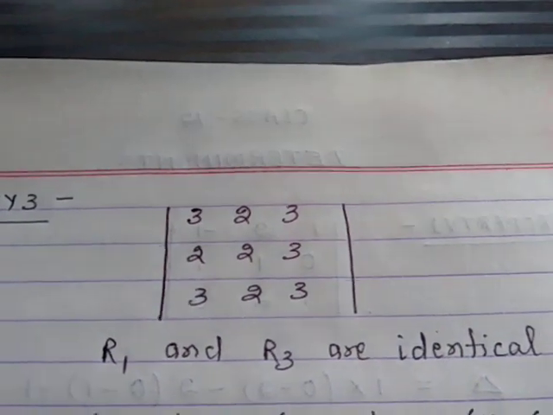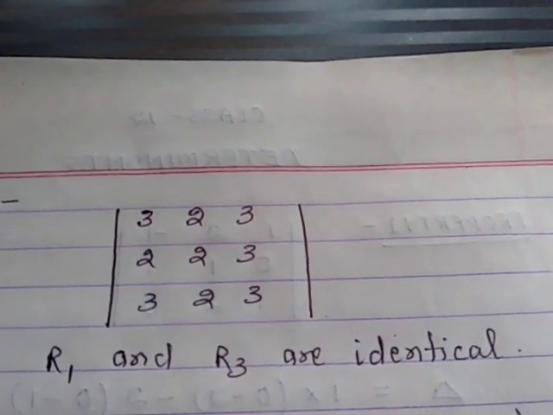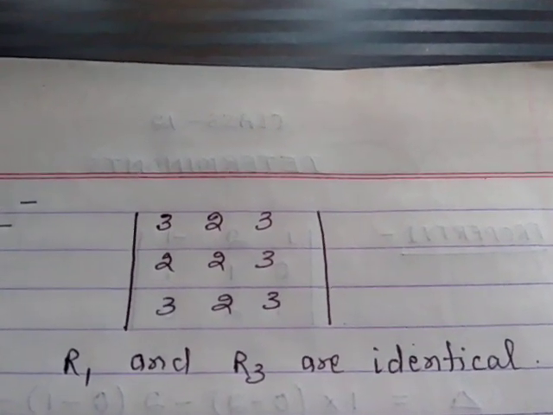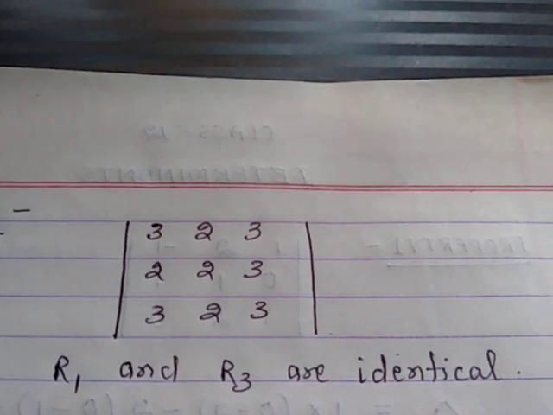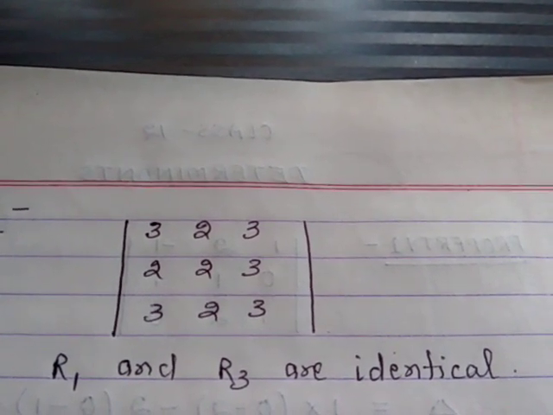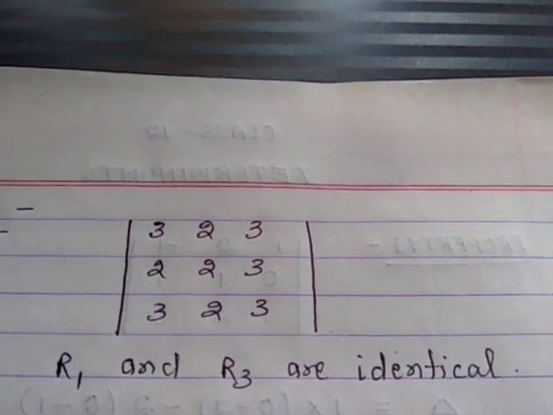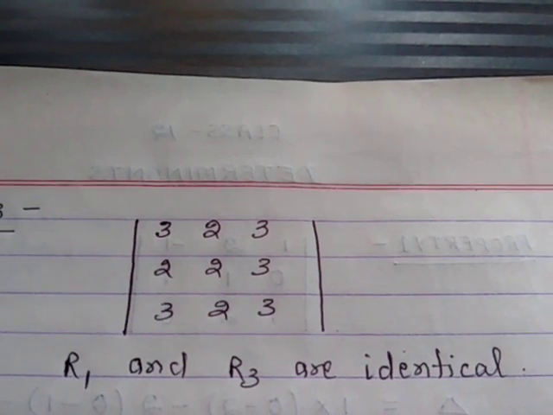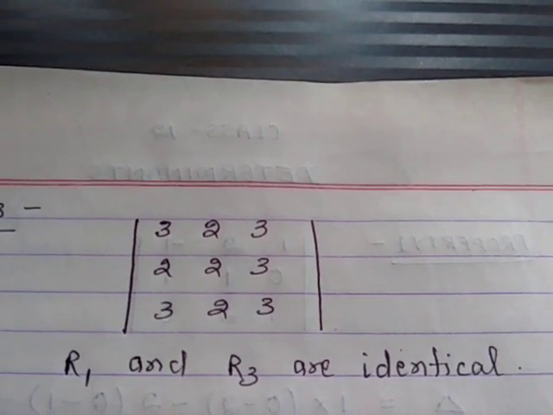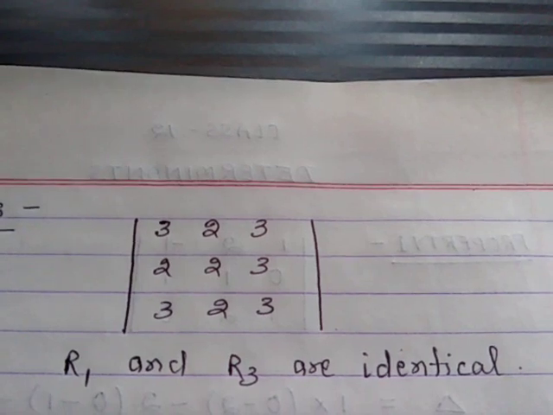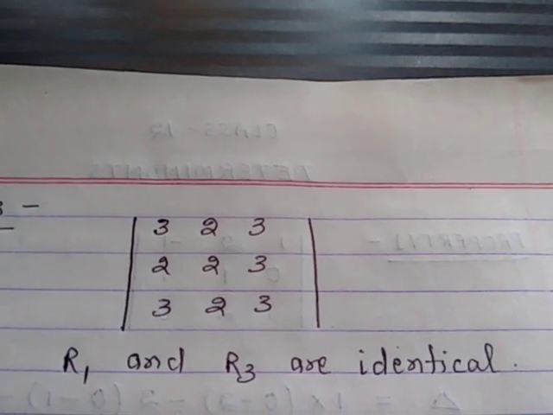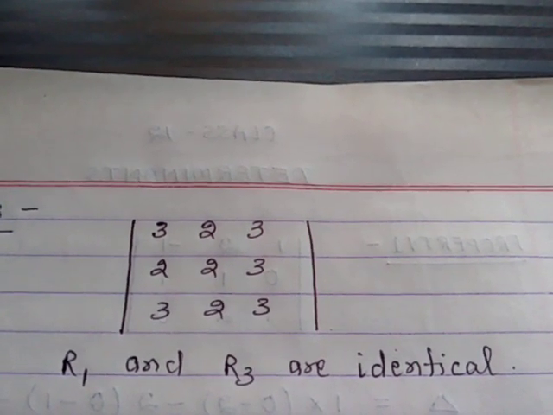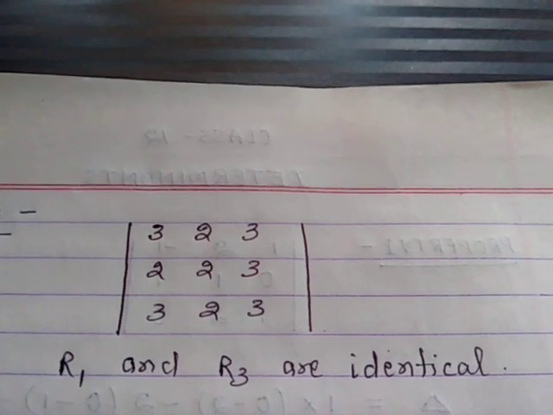here row 1 and row 3 are identical. The elements of row 1 are 3, 2, 3. And again, the elements of row 3 are 3, 2, 3. It means R1 and R3 are identical.